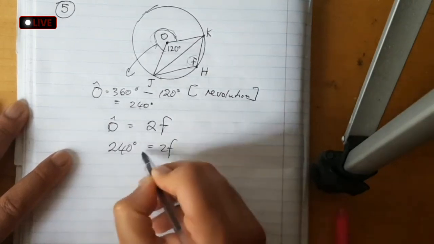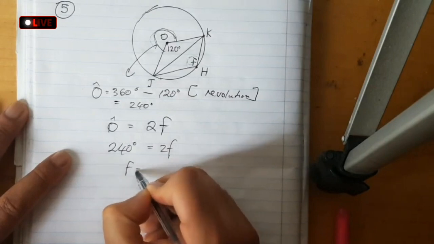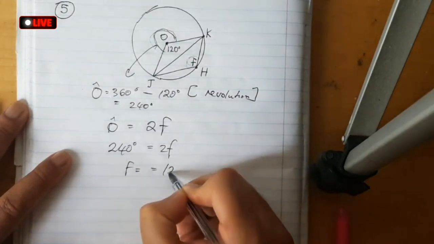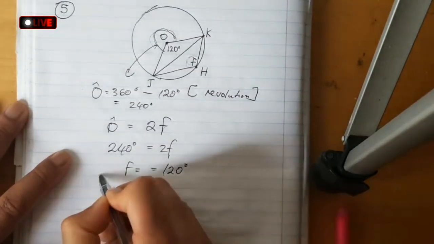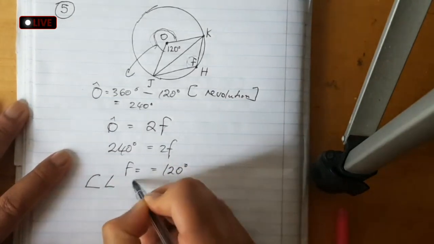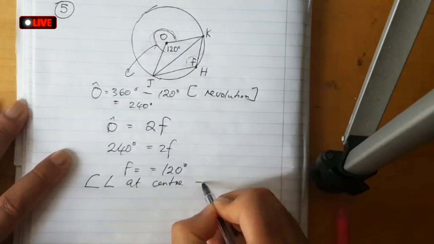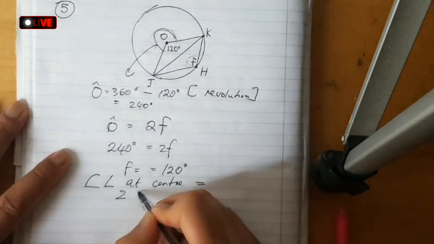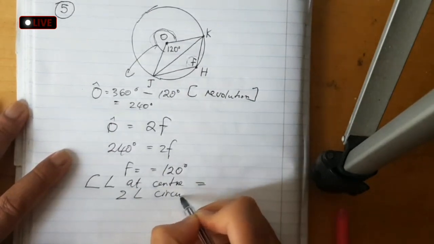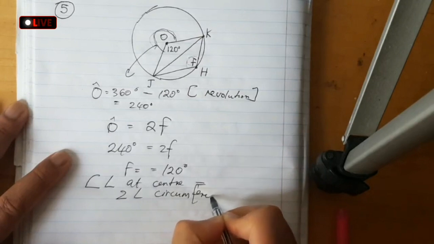We solve for f, and angle f is equal to 120 degrees. The reason for that is angle at center is equal to twice the angle at the circumference.